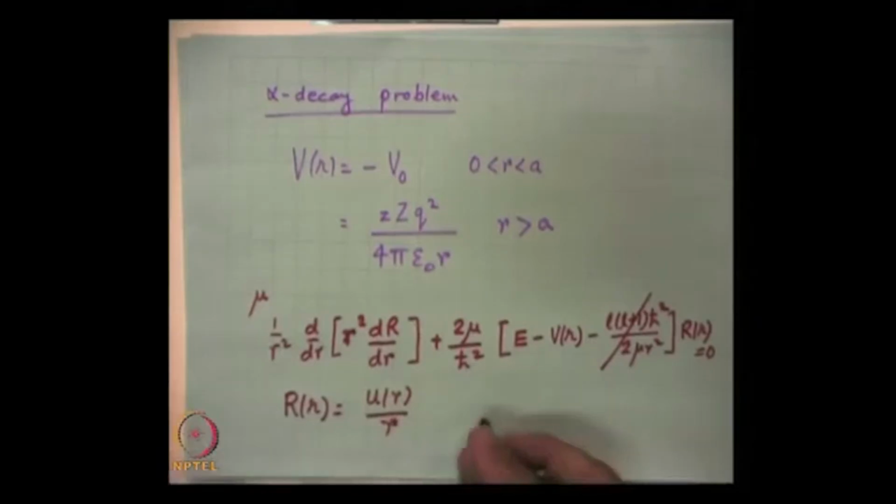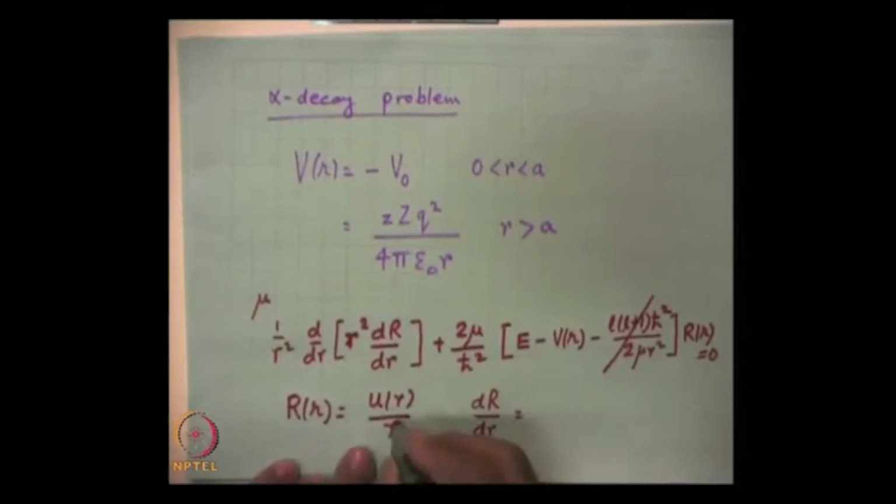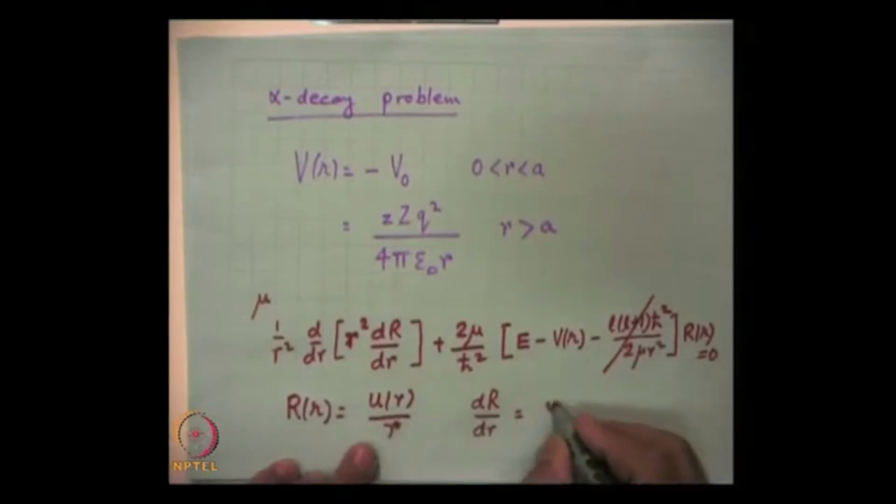Let me do the algebra. Therefore, dR by dr is equal to u prime by r minus u by r square.